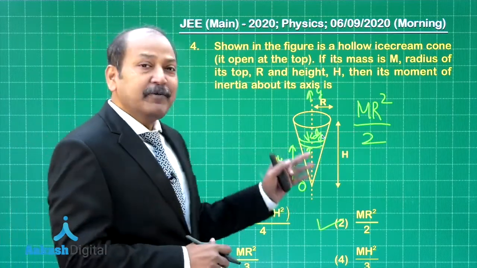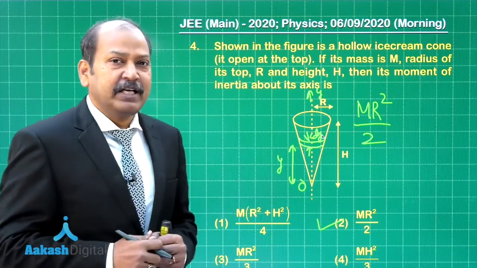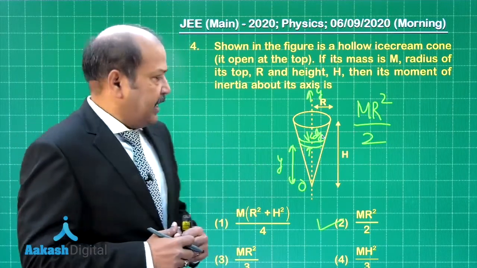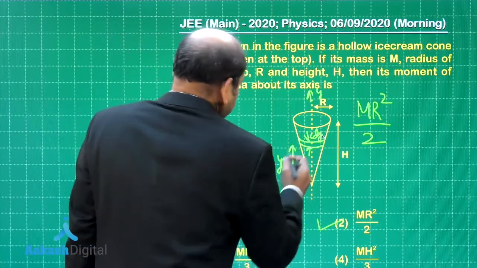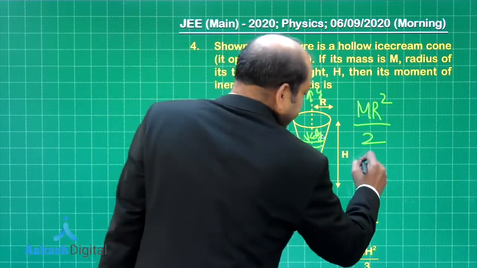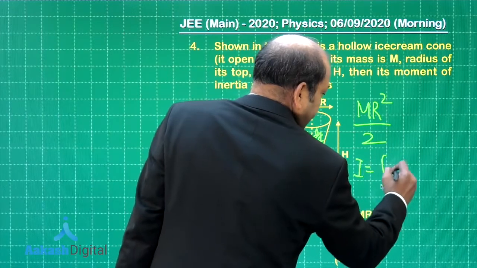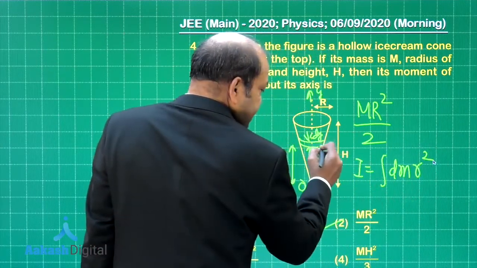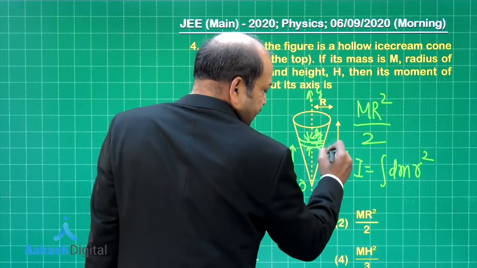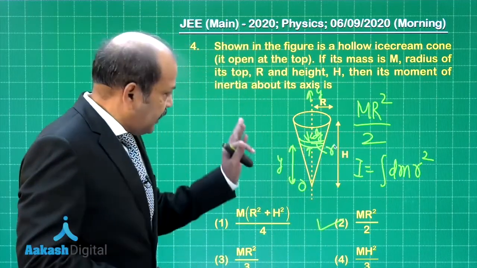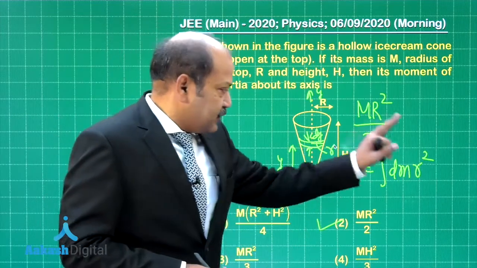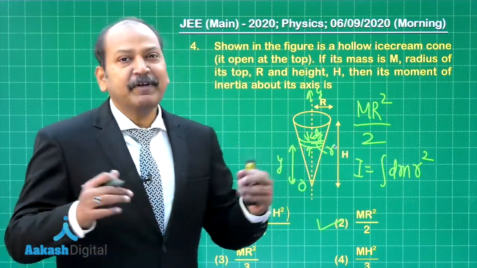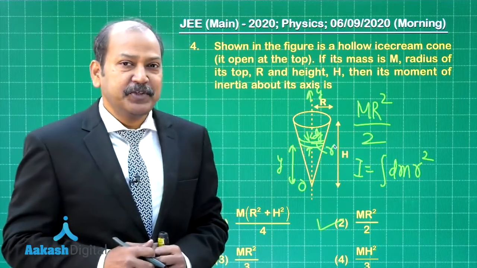We need to evaluate its mass, let us say in terms of surface density of the mass, and then the moment of inertia I can be given as integral of dm into r square, where r is the radius of this ring. That means this radius is the radius of this ring. So, after we evaluate this integral for the entire cone, we will get the value mr square by 2.